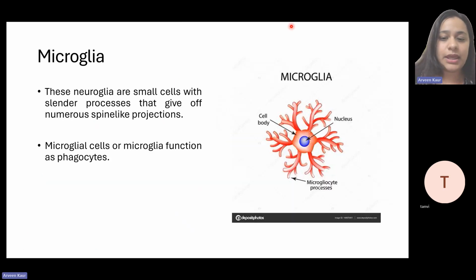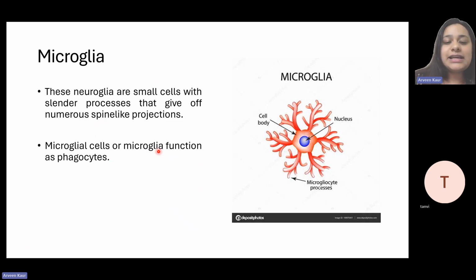Then we can look at the microglia, which is yet another kind of glial cell, right? These neuroglia are small cells with slender processes that give off numerous spine-like projections, right? Over here, this is still a cartoon view of microglia. If you actually look at a microglia, you will see that there are very sharp and abundant processes if it is in a normal state, right?